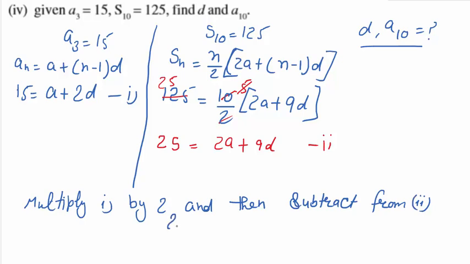The second equation is 2a plus 9d equals 25. Now if we multiply the first by 2, this will become 2a plus 4d equals 30.